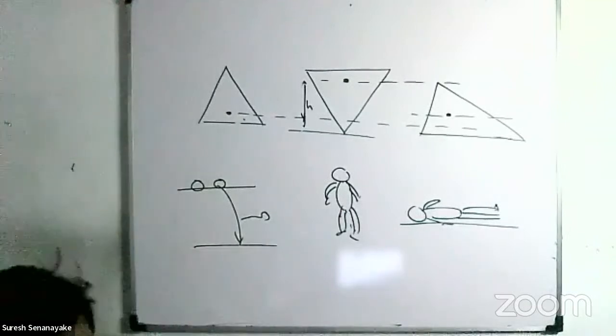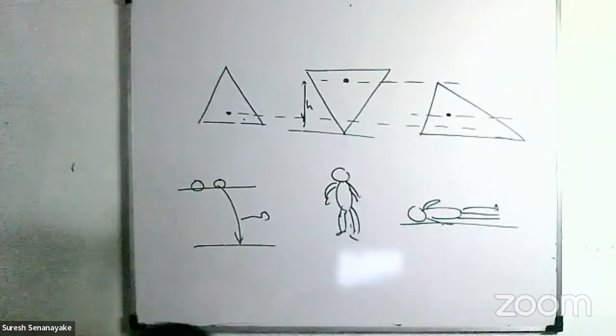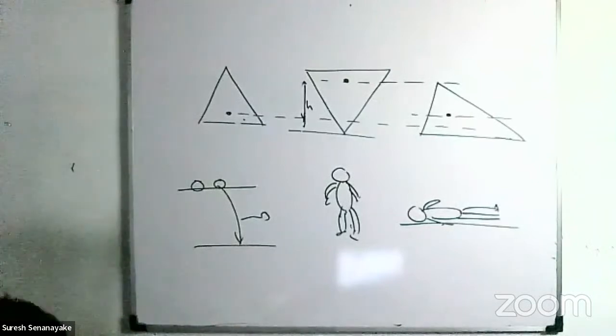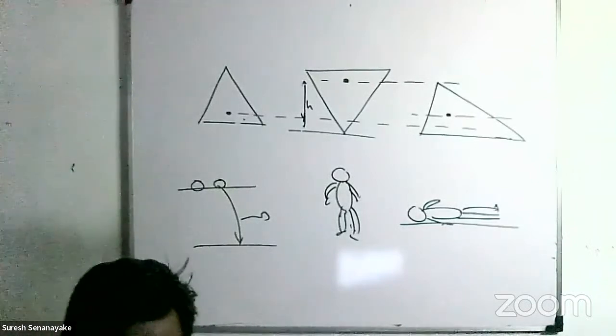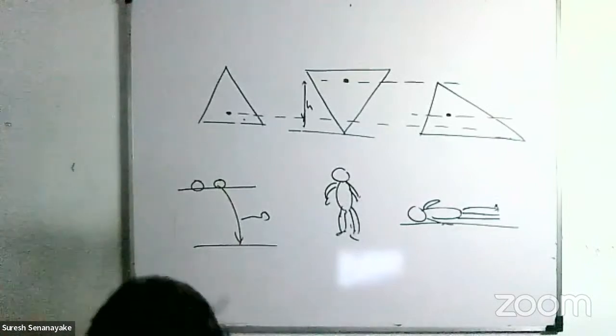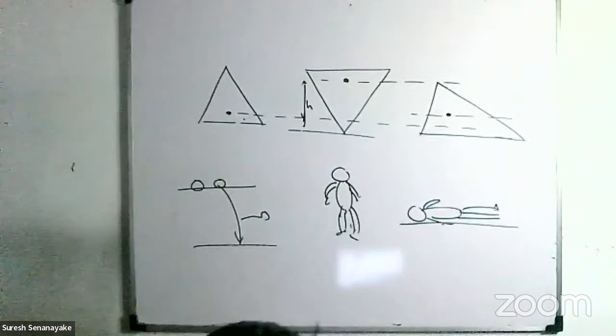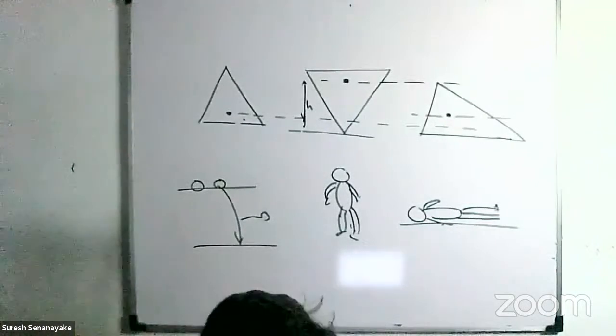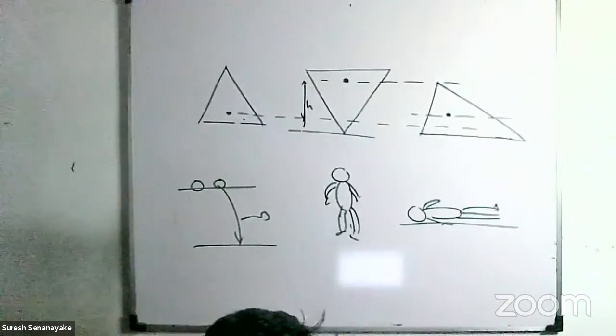Right, if an object has the lowest potential energy, it is in the most stable position.